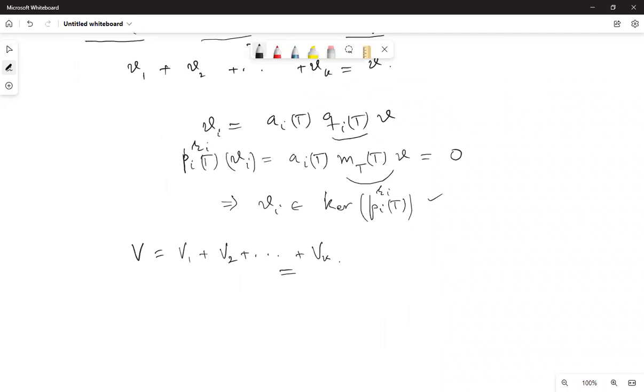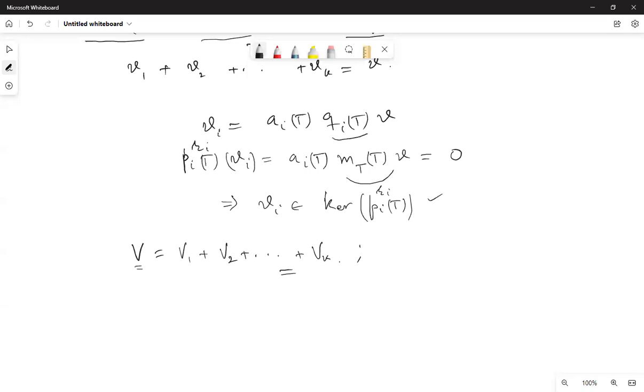So far we are yet to prove the sum is direct. For direct, we are to prove that every vector is uniquely written as the sum of vectors from these Vi. Okay. So for that, what do we need?